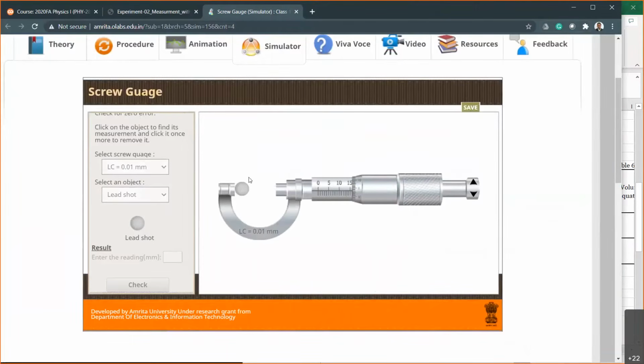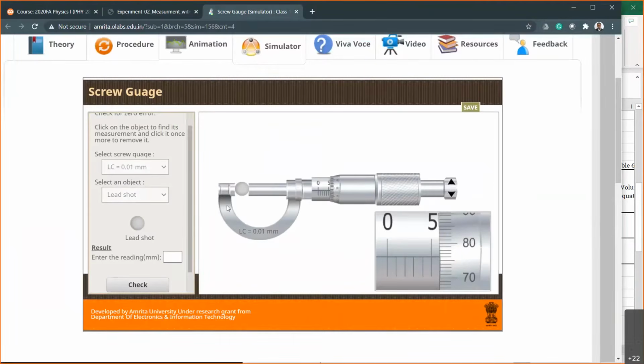If you're really measuring this by yourself, it's going to be a little bit tough. So after you place this object right here, all we have to do is click on this ratchet, click the up arrow until it touches the object. As soon as it touches, you can see this zoomed-in scale appear. So it's ready to take the reading.